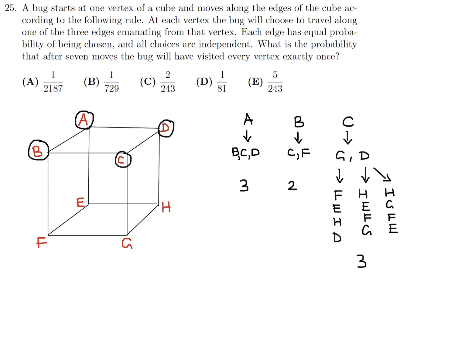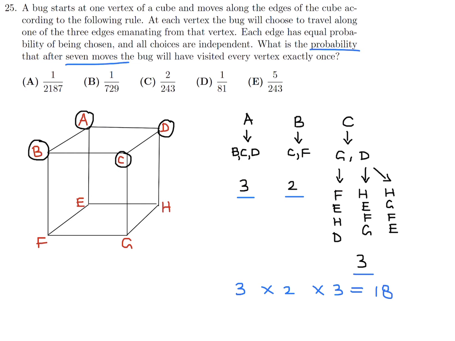And now what you do is you multiply them. We have 3 up here, we have 2 there, 3 here. So the total would be 3 times 2 times 3, which is equal to 18. 18 possible ways that I can reach all the vertices with 7 moves.